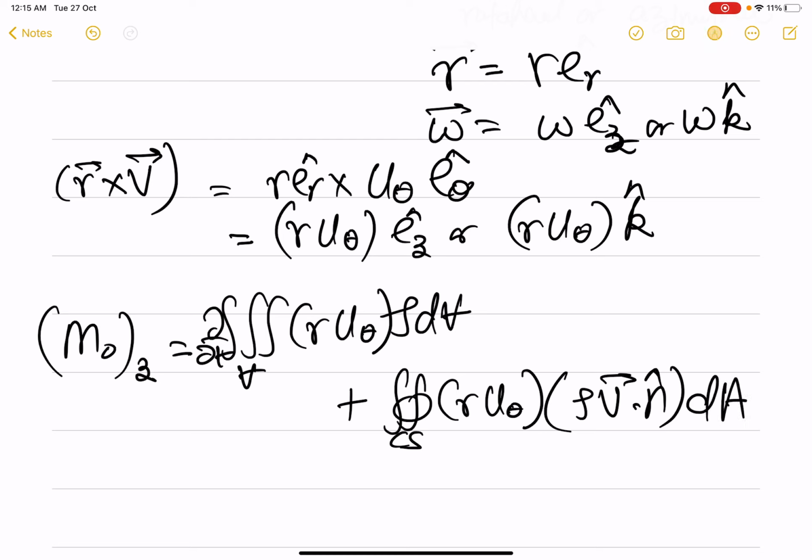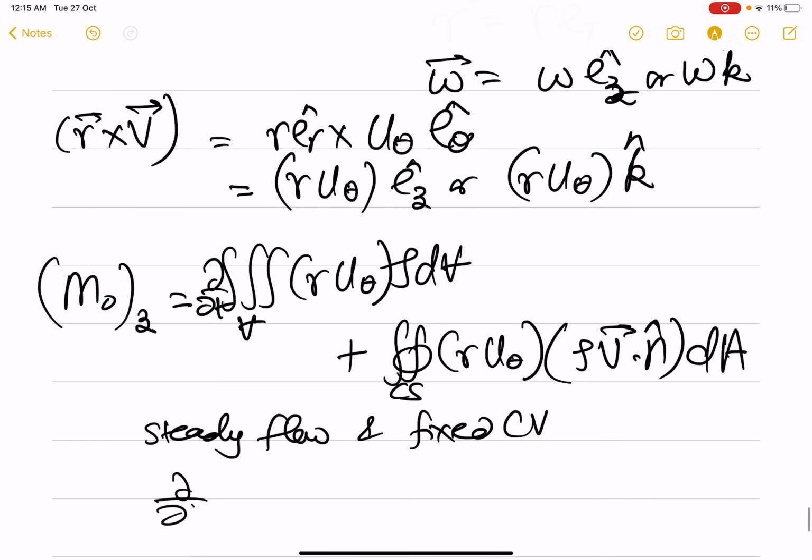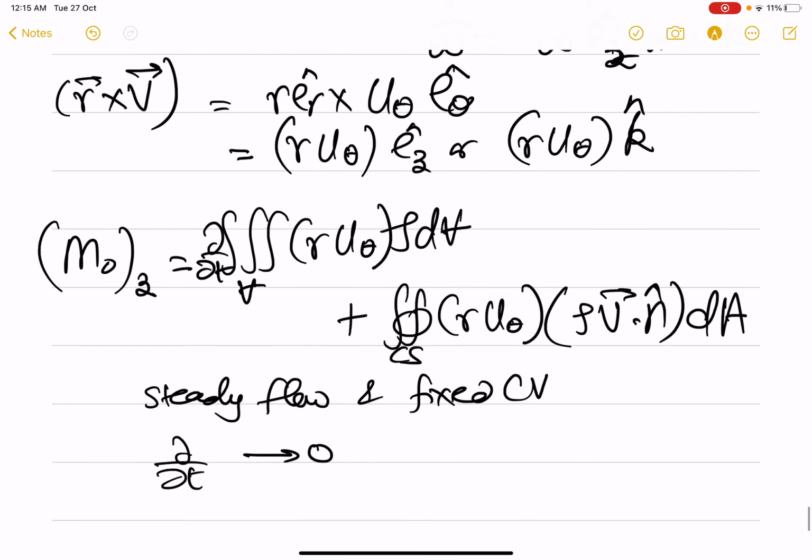Now, before I end, I know I've gone on for a bit long, but let's just look at this. When we have steady flow and a fixed control volume, then the d by dt term will be 0.